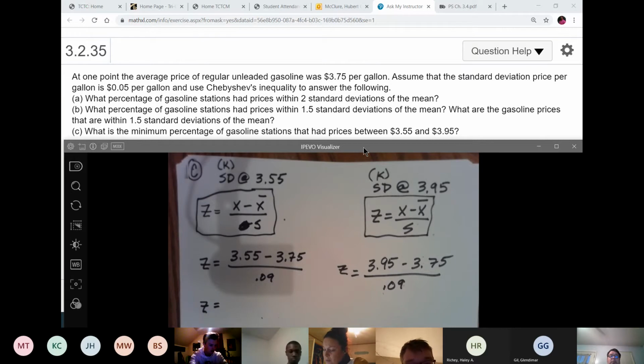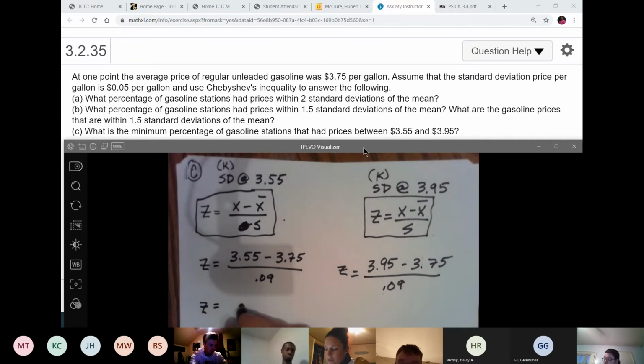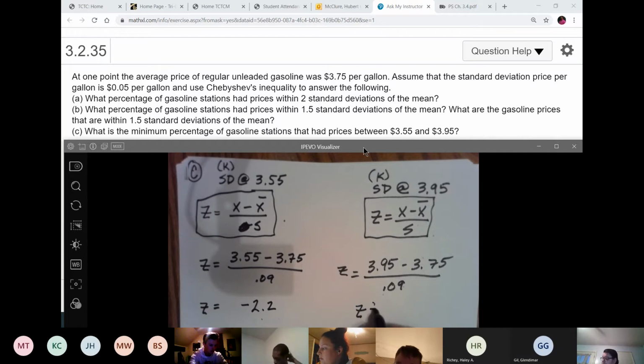Negative 2.22 is what I got on the first one. Yeah, I got that too. Okay, what'd you get? Negative what? 2.2. All right. And what'd you get over here? Positive 2.2. Is this positive 2.22?